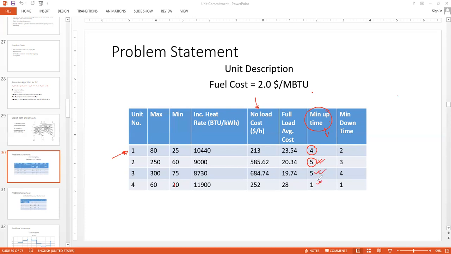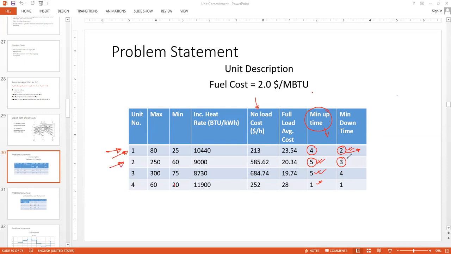Similarly for this one and this one. Whereas the minimum downtime says once you shut down unit number 1, you should allow 2 hours before you decide to turn it on again. For unit number 2, the minimum downtime is 3 hours.